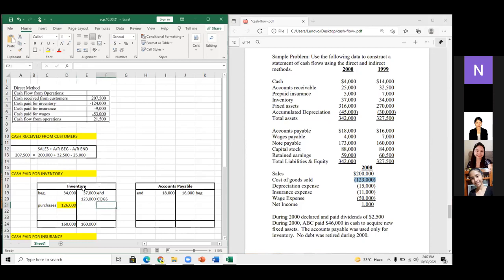Ang ginawa natin, given sa problem yung ending amount tas beginning amount ng inventory, yung 34 tas 37. Nilagay natin siya dito. Tapos, dun sa problem, merong cost of goods sold, yung cost ng inventory na nabenta, kaya nilagay natin siya dito.